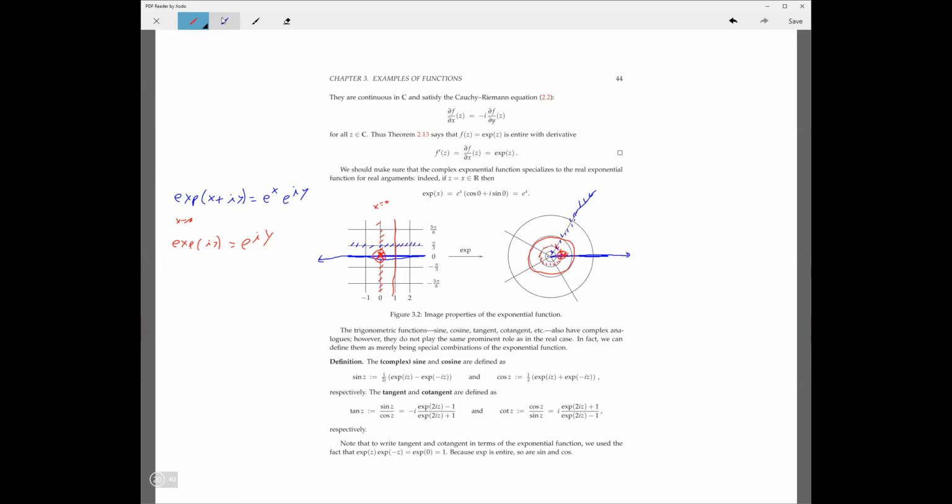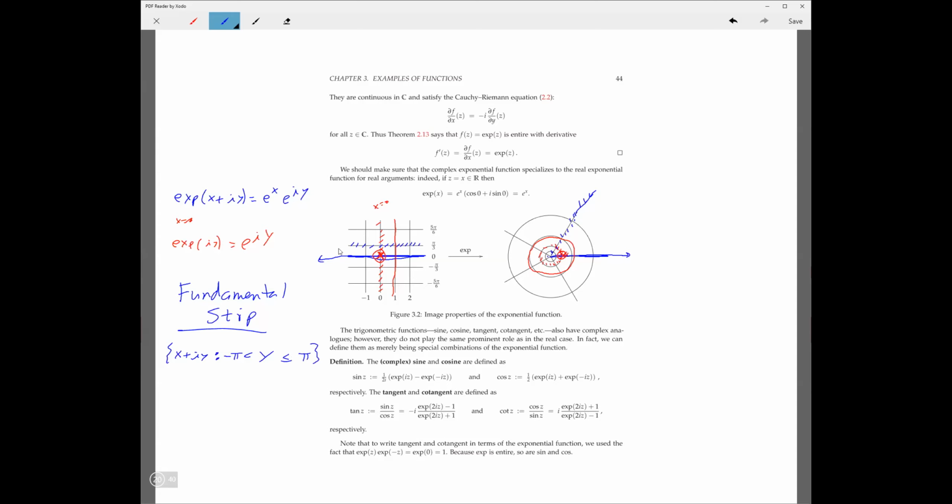Now, here, there's something called the fundamental strip. Okay, and that would be the set of x plus iy such that y is between negative pi and pi.